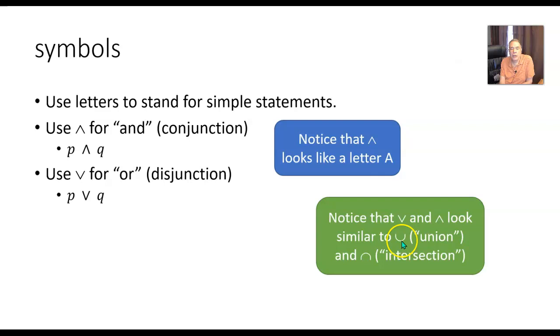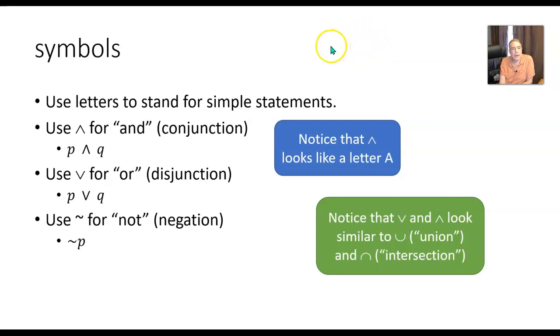So or is like union. To be in the union of two sets, you just have to be a member of one or the other of those sets. And the symbol for and looks like the symbol for intersection, only pointier. To be in the intersection of two sets, you have to be a member of one set and the other set. So if that helps you remember, great. If not, or if you haven't studied that, don't worry about it.